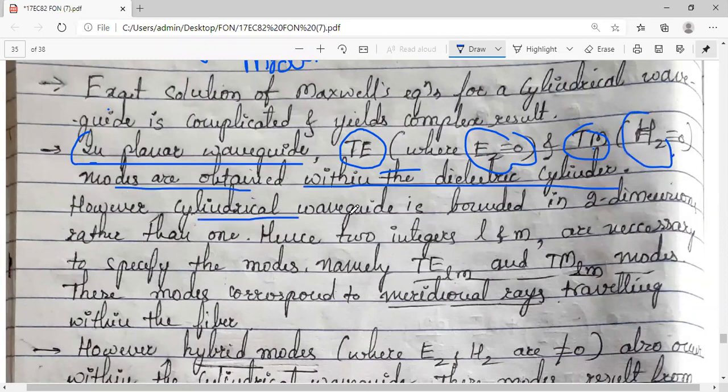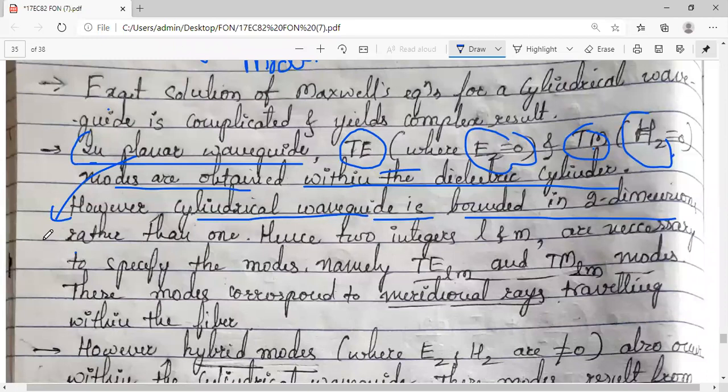However, the cylindrical waveguide which we are considering now, two cylinders one inside the other, core and cladding, is bounded in two dimensions. If you remember, at the start, the difference between non-planar and planar, I had told you, non-planar has two dimensions, two variables, if you consider rectangular, x and y.